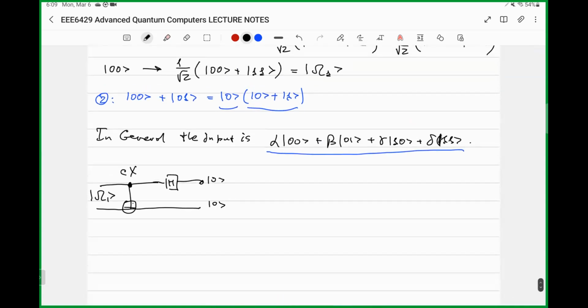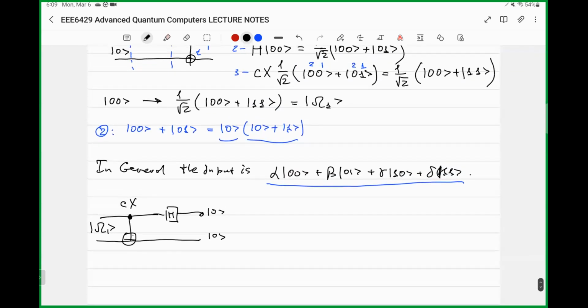So this circuit not only makes the quantum entangled state, but also does the opposite operation. It takes the quantum entangled state and transforms it to the state of two non-interacting qubits, of separated qubits.